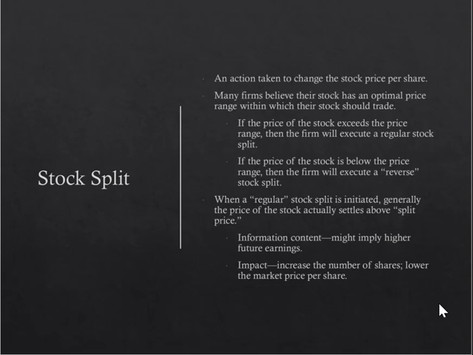And if a stock is trading down at $3 or $4 a share, and we want to get it back up to a price where people think the company's worth something and not in trouble, we may do a reverse stock split.